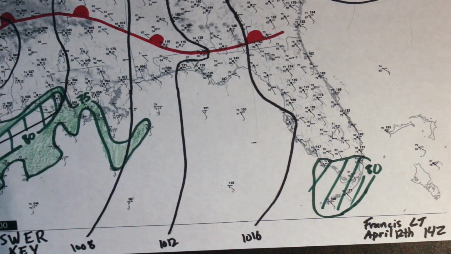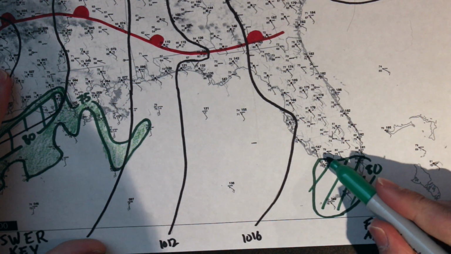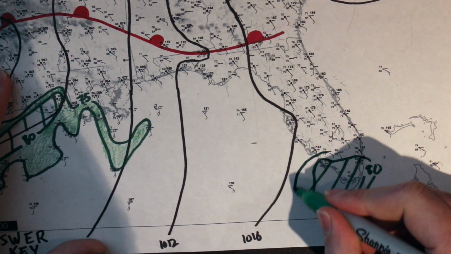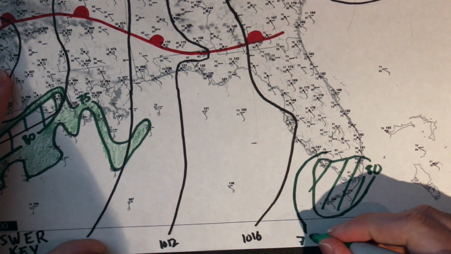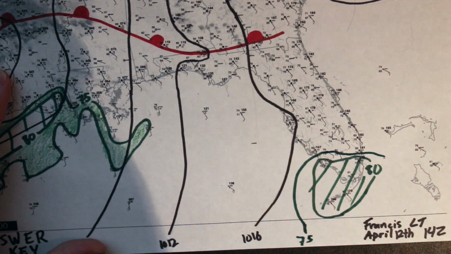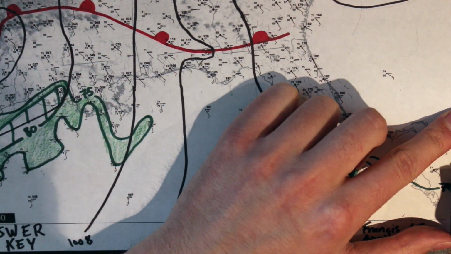So my 75 would then go around it. I think there's only one station down here, 75. So I'm just gonna finish down here so it looks a little bit better. Okay.